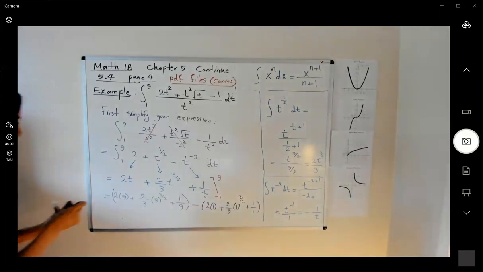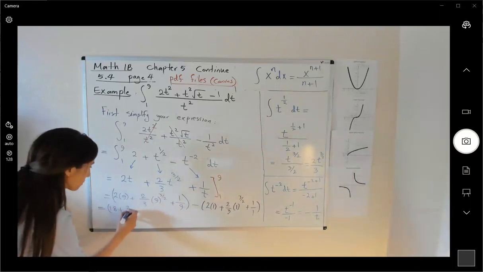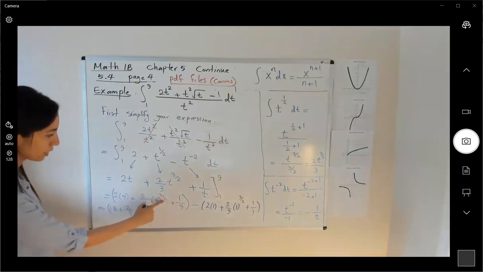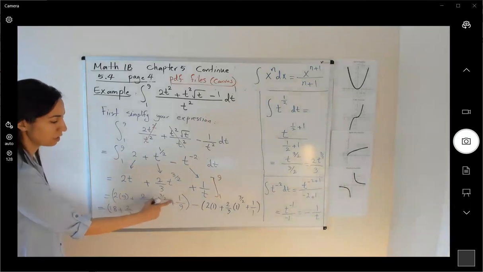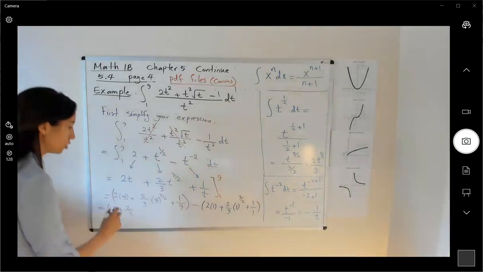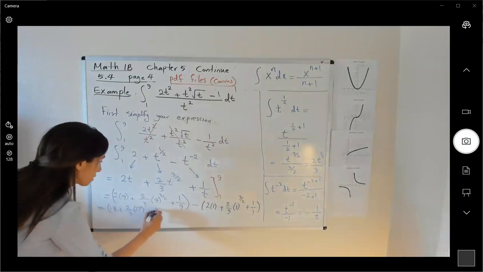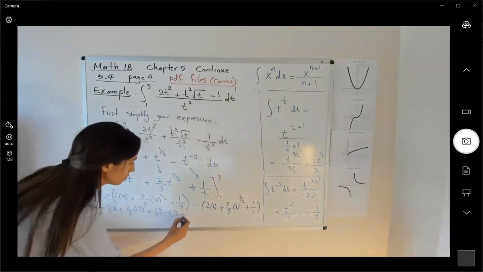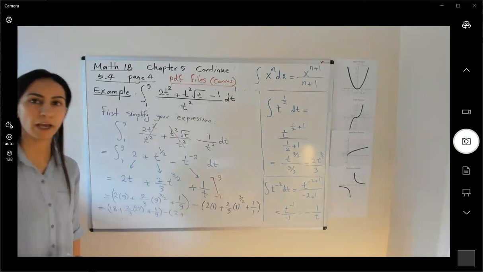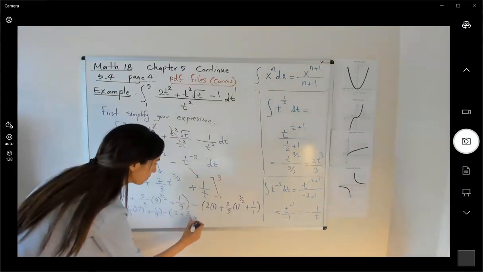Perfect. This is equal to 18 plus 2/3. Here 9 can be written as 3 raised to the second power. You can cancel out 2 and 2. You get 27. Plus 1 over 9 minus 2 plus 1 raised to any exponent is just 1. We get 2/3 plus 1.